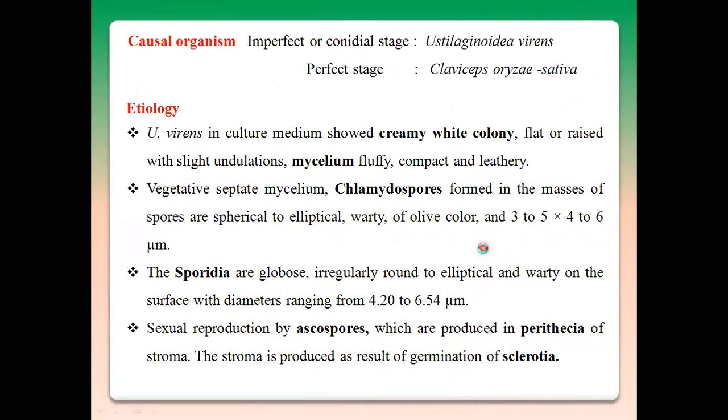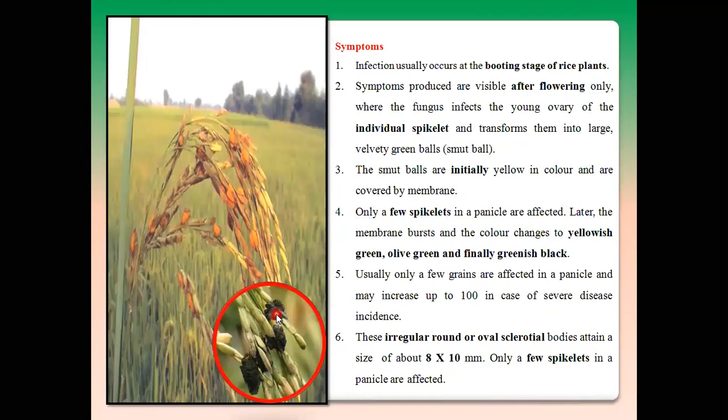Okay, means in the last stage of the infection, round to oval sclerotia are generally seen on the infected panicles.